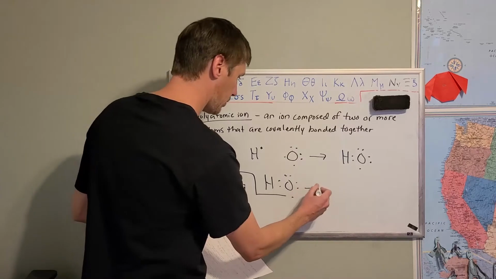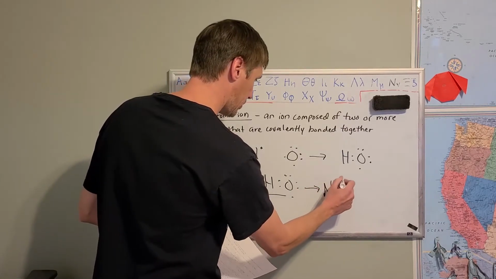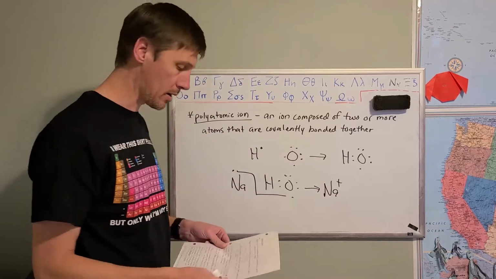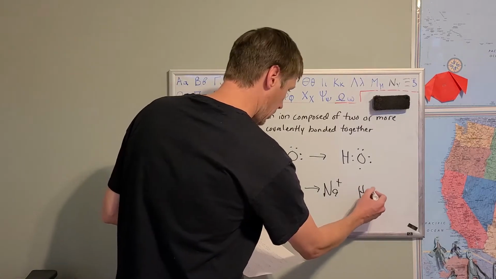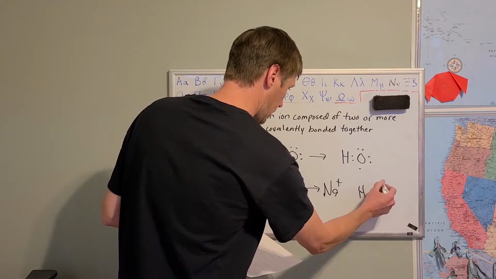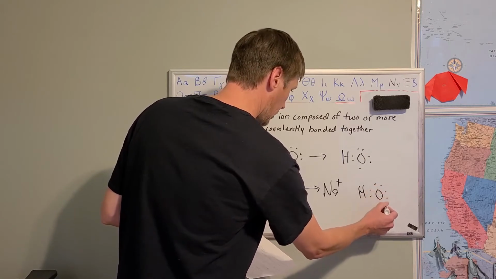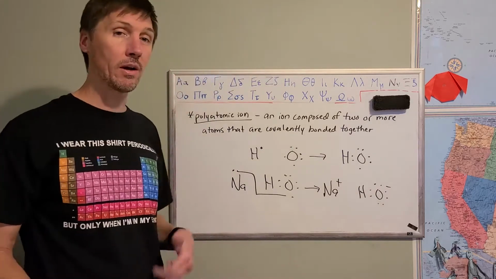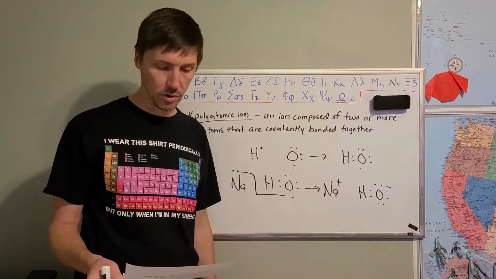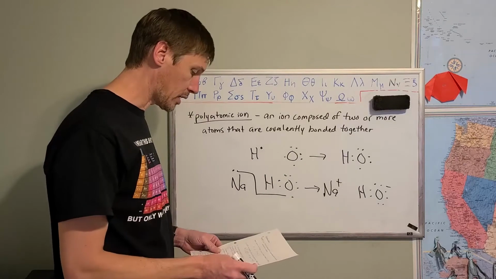And so the result would be Na+, a sodium ion with a positive 1 charge, and then what we call a hydroxide ion. Since it received an electron from the sodium, it now carries a 1 negative charge, okay? So that's the hydroxide ion.